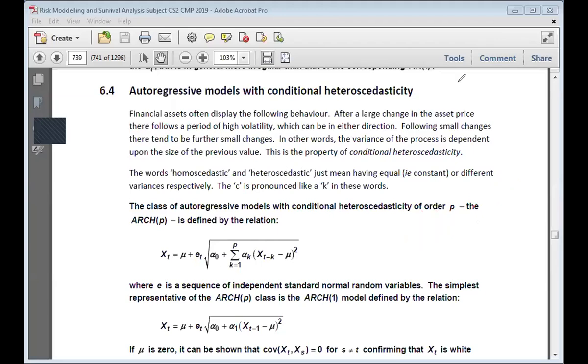So this is just how they have defined the models. Again, you see some squares here and some alpha k. Here you have P, right? So this is an ARCH of order P, because my xt here depends on the pth lagged values of x: xt minus 1, xt minus 2, till xt minus P. This is just another model which you can use.